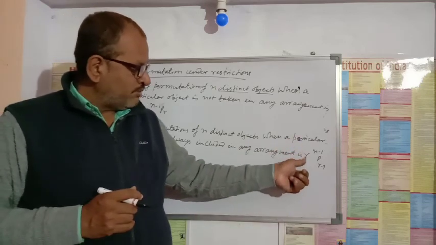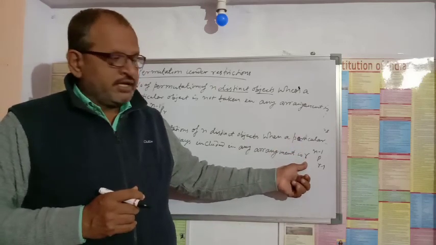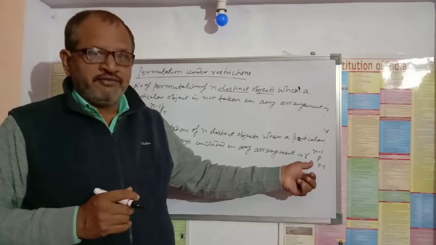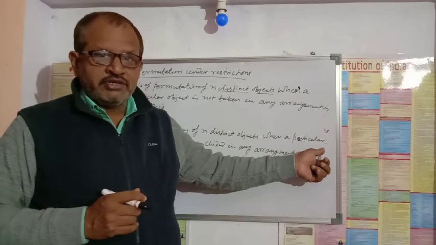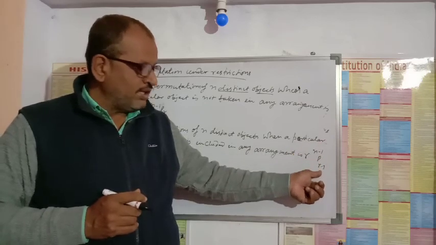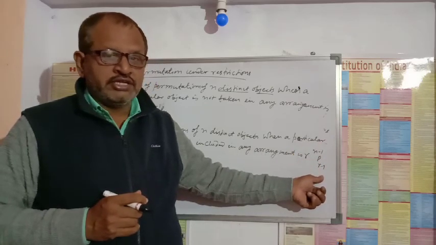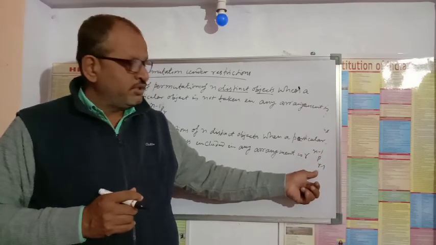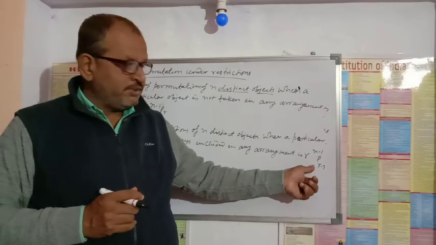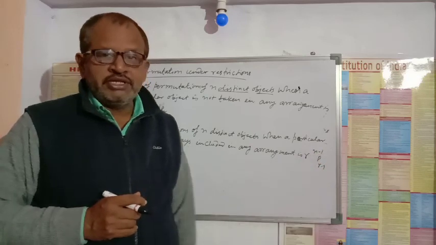So the particular object can be placed in r ways, and of the remaining n minus 1 objects, we have to take r minus 1 objects together. It can be done by n minus 1 P r minus 1. So the total arrangement will be r into n minus 1 P r minus 1.